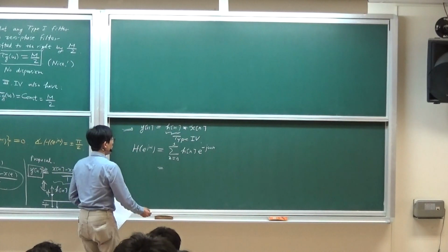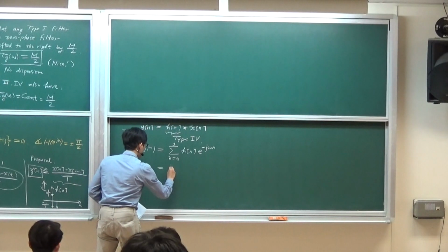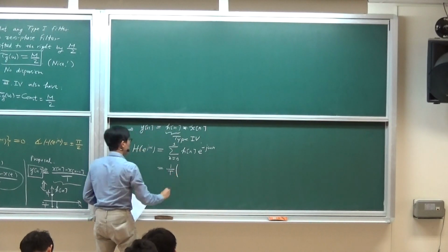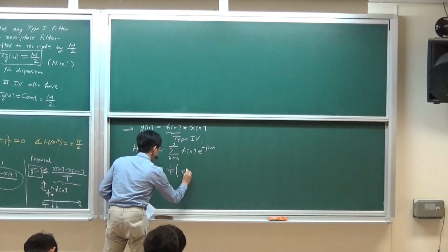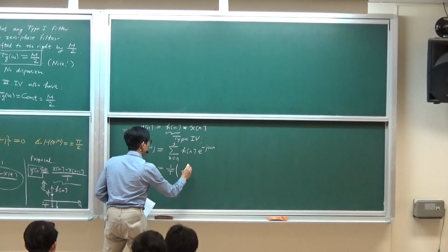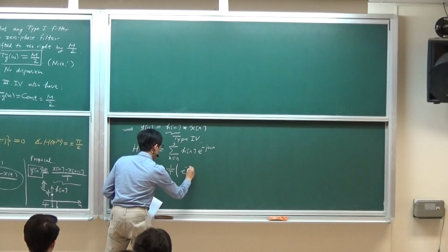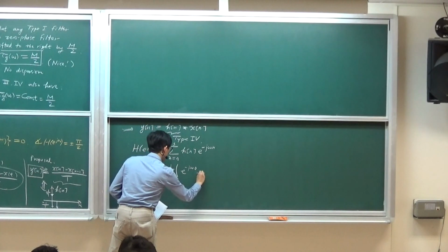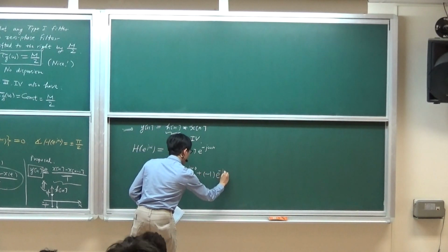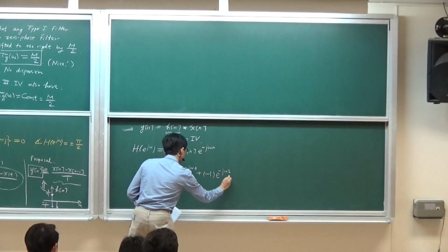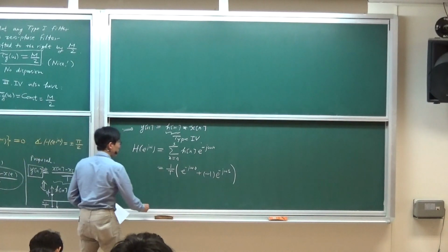It's going to be: there is a factor of 1 divided by t, and h0 gets e to the minus j omega 0, and plus minus 1 times e to the minus j omega 1, right? So that's the frequency response we're going to have.